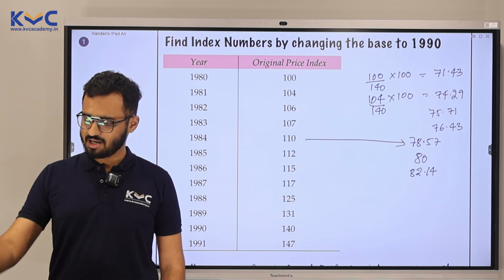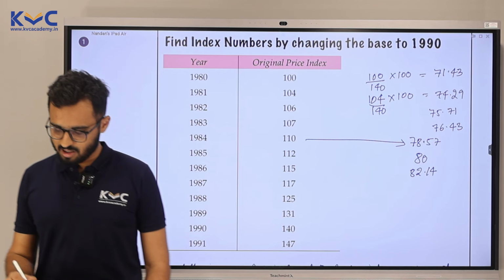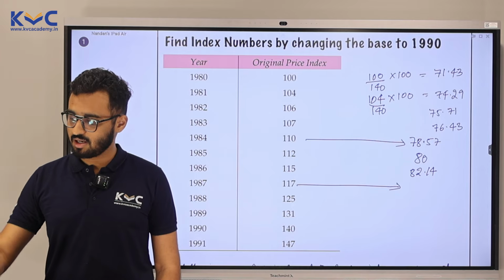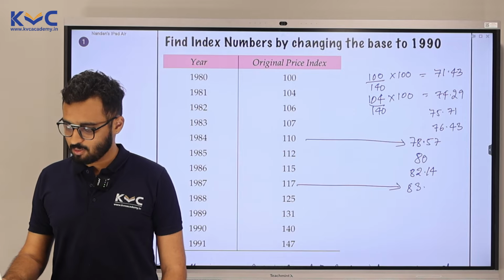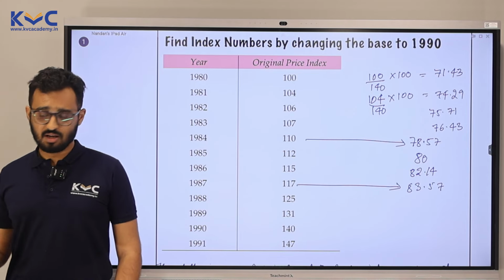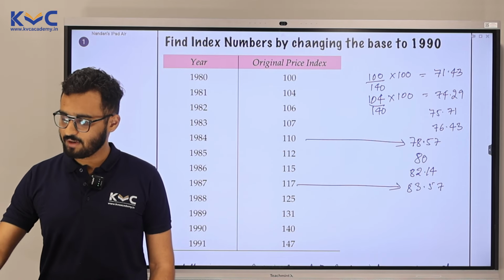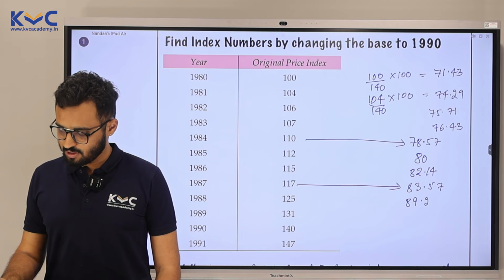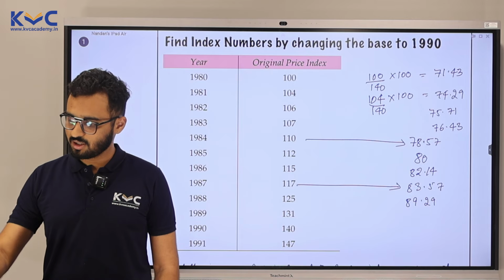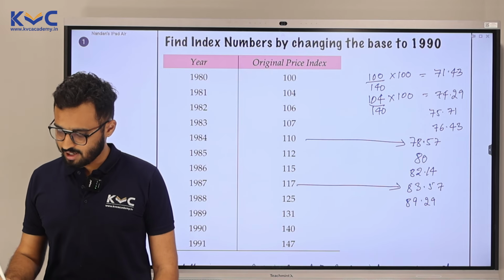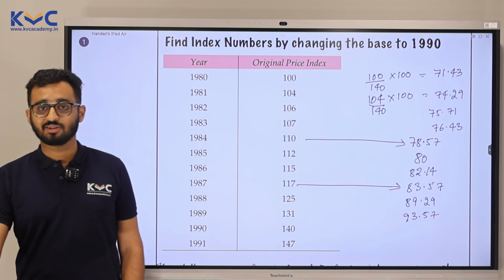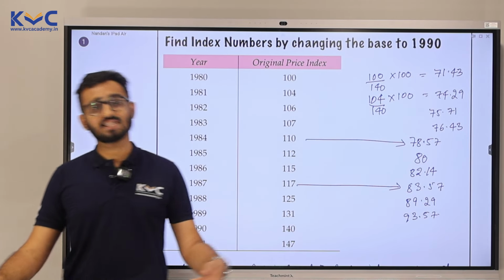Pretty straightforward, right? Nothing complicated here. Next, 117 divided by 140 into 100, you get 83.57. Likewise, you will continue this. So 125 divided by 140 into 100, 89.29. 131 divided by 140 into 100, 93.57. 140, should I calculate? 140 is the new 100.